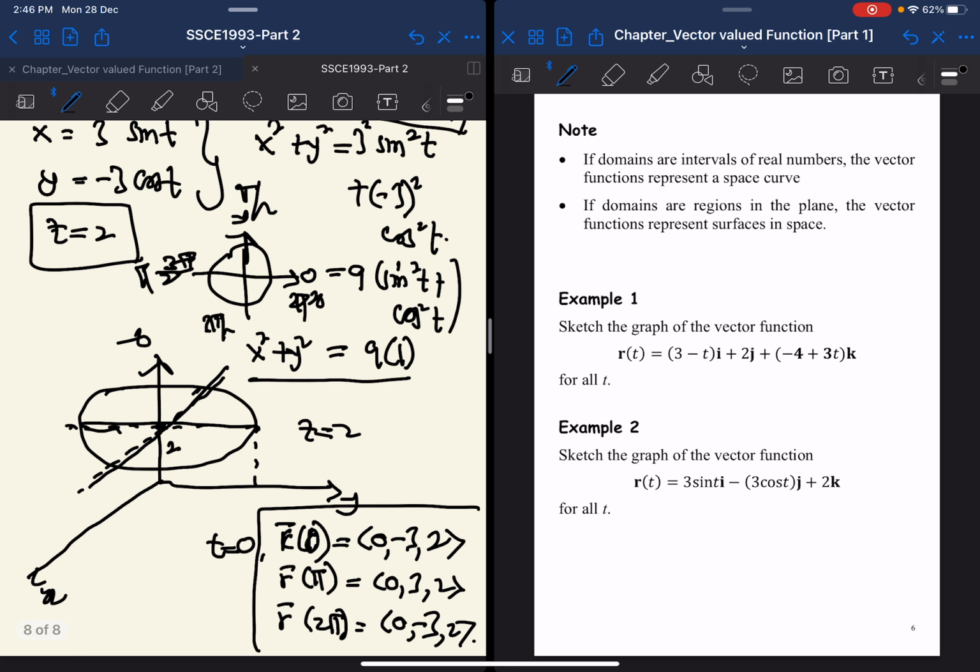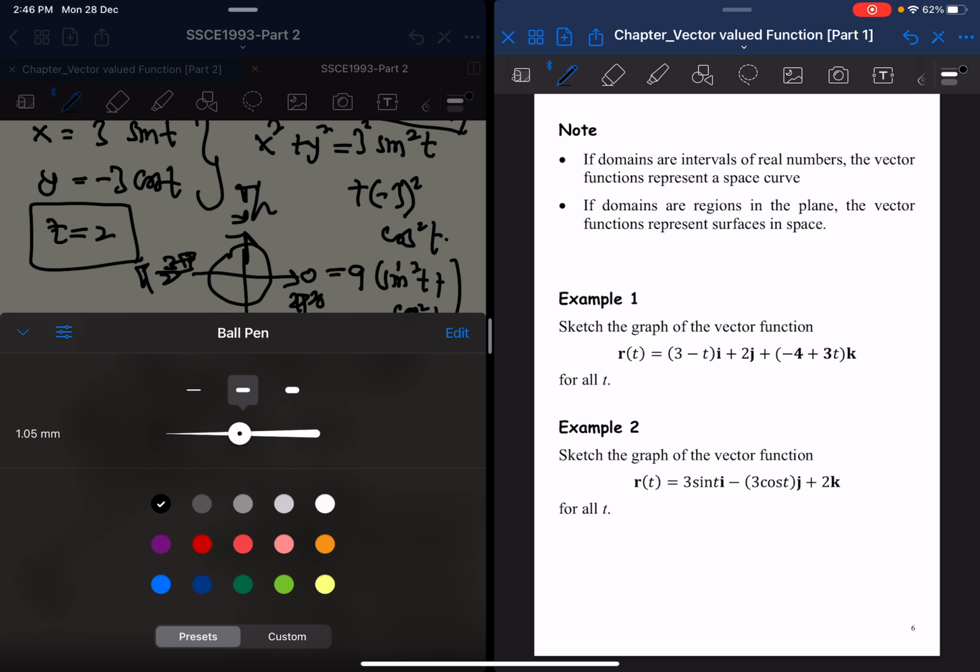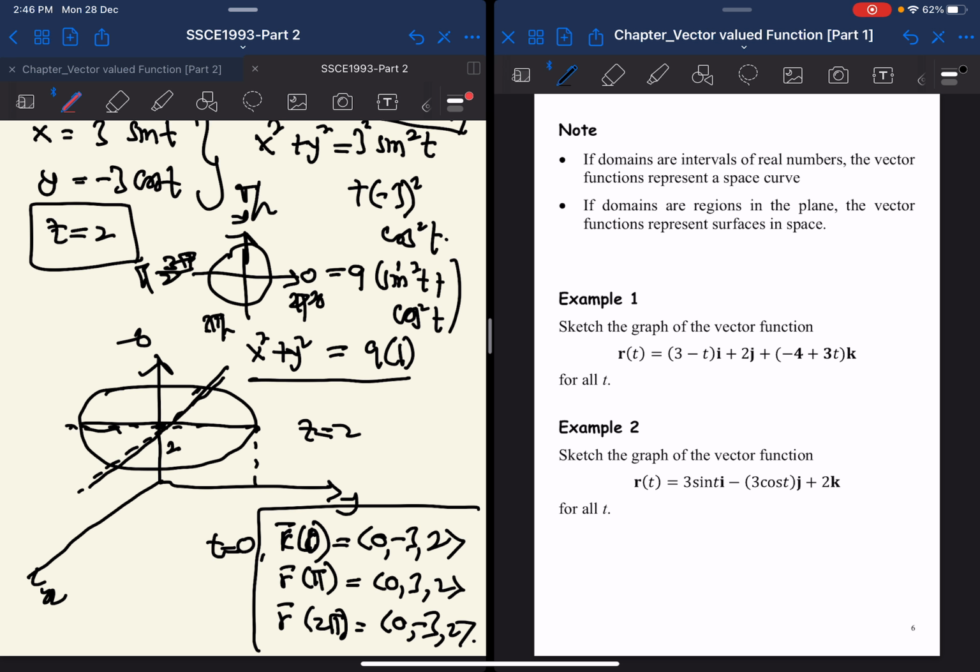From here you will see the direction. Here, 0, negative 3, 2 should be somewhere here.